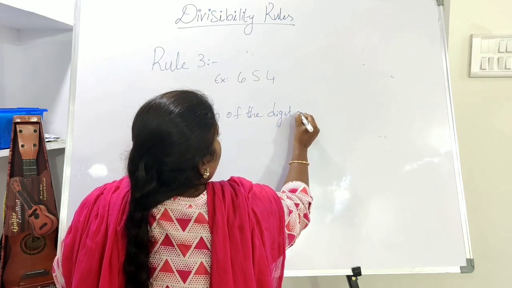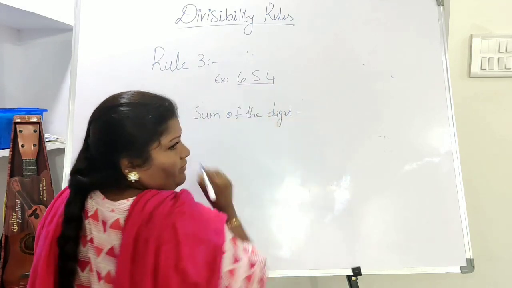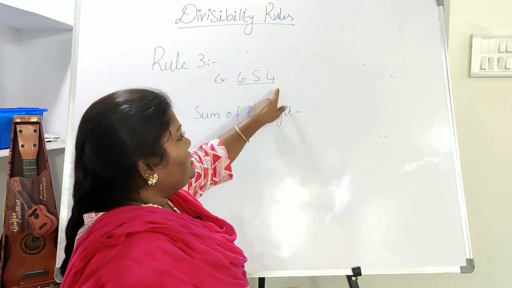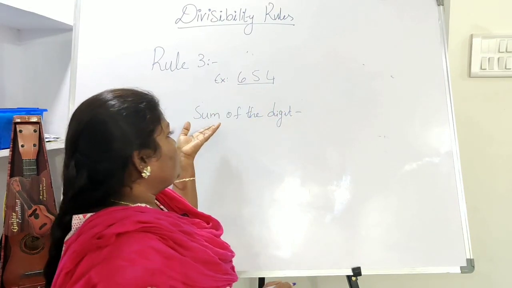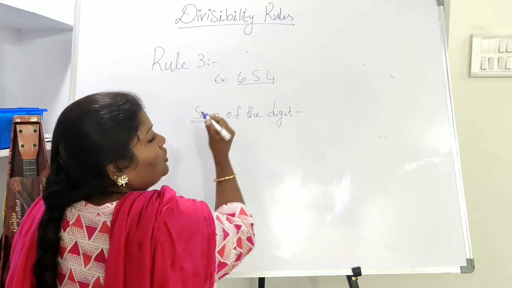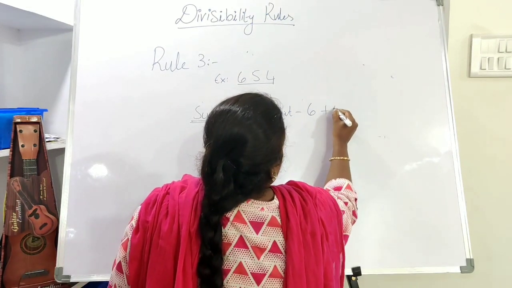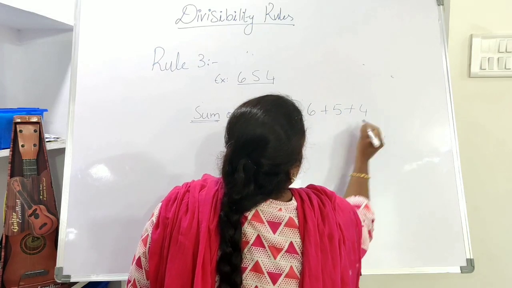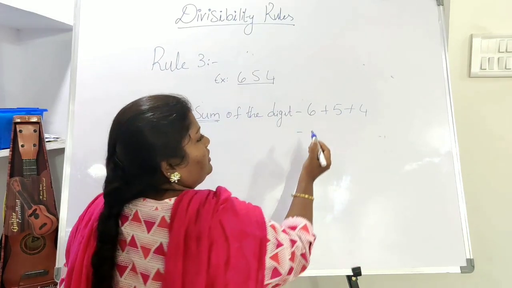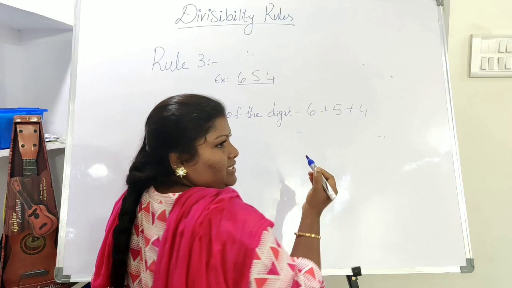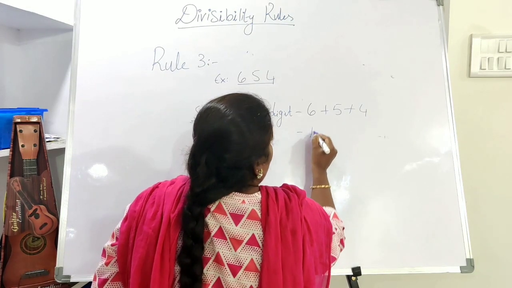Whichever number is given, individually these are called digits. So you have to do the sum, meaning the total of those digits. That is 6 plus 5 plus 4. So what are you going to get? 6 plus 5 is 11. 11 plus 4 is 15.